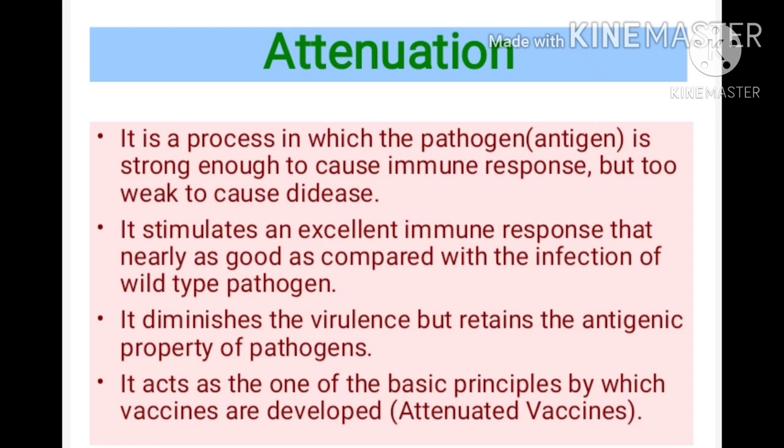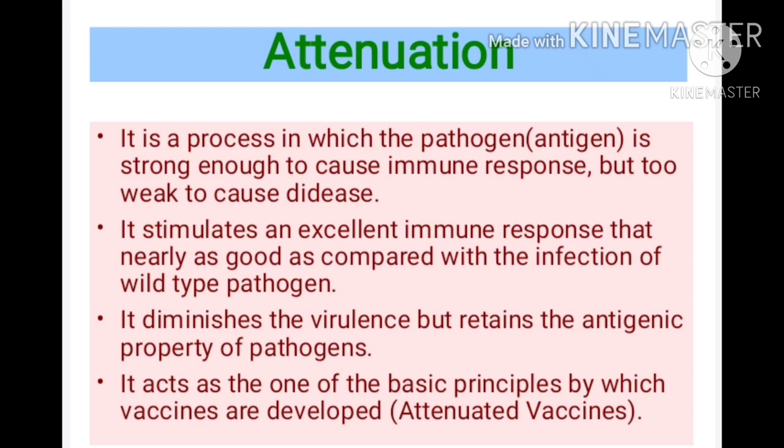This attenuation process acts as one of the basic principles by which vaccines are developed. Such types of vaccines are said to be attenuated vaccines. You know that the father of vaccination is considered as Edward Jenner, isn't it? But the basic principle of vaccination was first developed by Louis Pasteur.